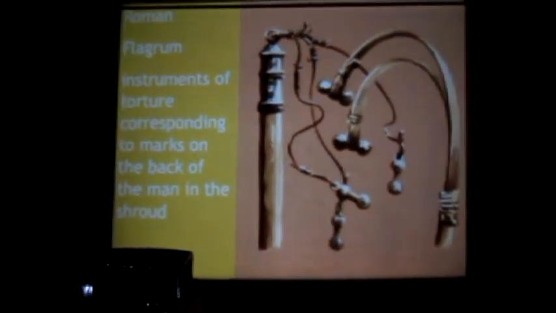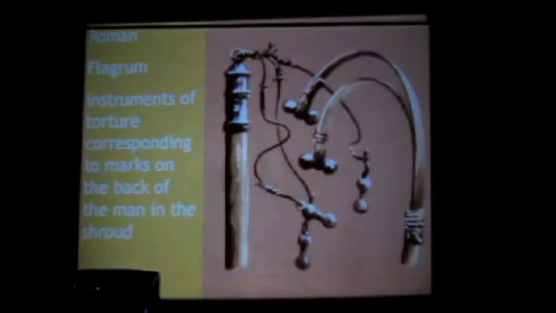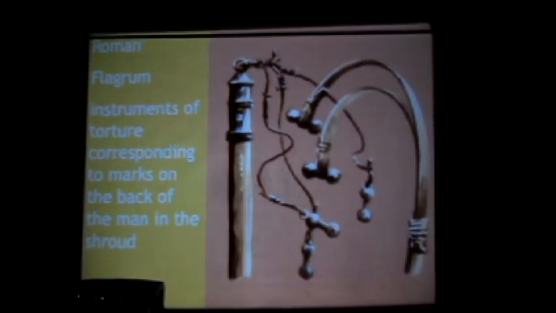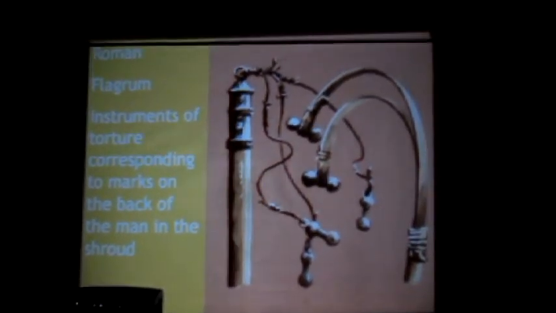Here's what they know was used. This kind of torture was terrible. Church historian Eusebius writes an eyewitness account and says, veins were laid bare, and the very muscles, sinews, and bowels of the victim were open to exposure by this kind of beating.